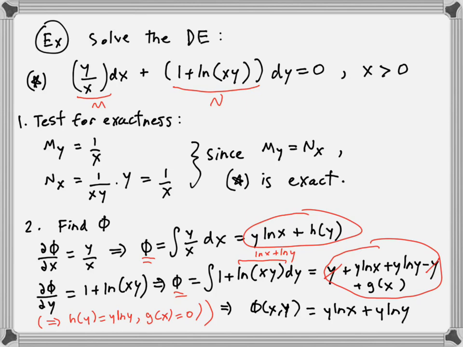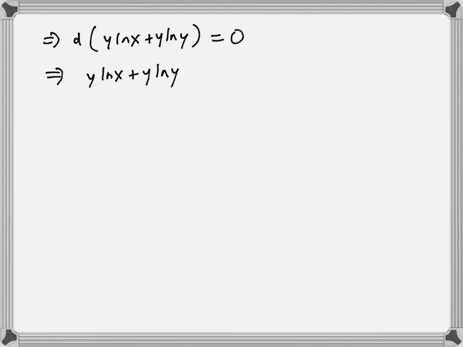So now we're ready to write down the solution. This means that d of y ln x plus y ln y is equal to 0, or the solution, if we integrate both sides, we get y ln x plus y ln y is equal to c.